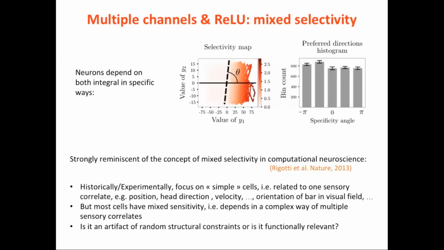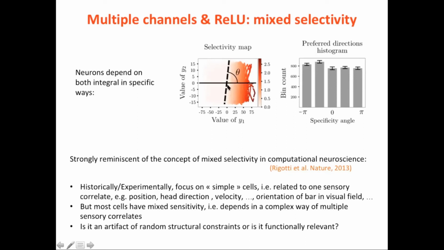It means that if you look at multi-dimensional sensory information, and at the activity of neurons which depends on it, then the activity is actually dependent on all these information channels. It's very rare that the activity of a neuron will depend only on one of them. It could be so if this angle theta here, which is this decision line here, is equal to 0 or to pi over 2.